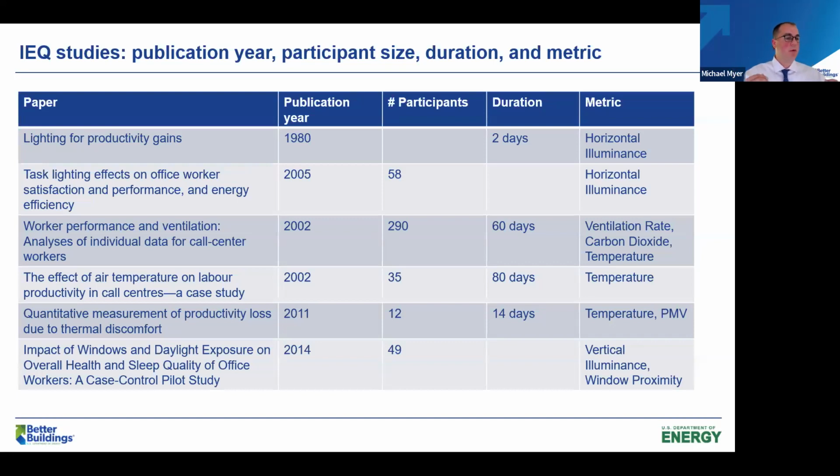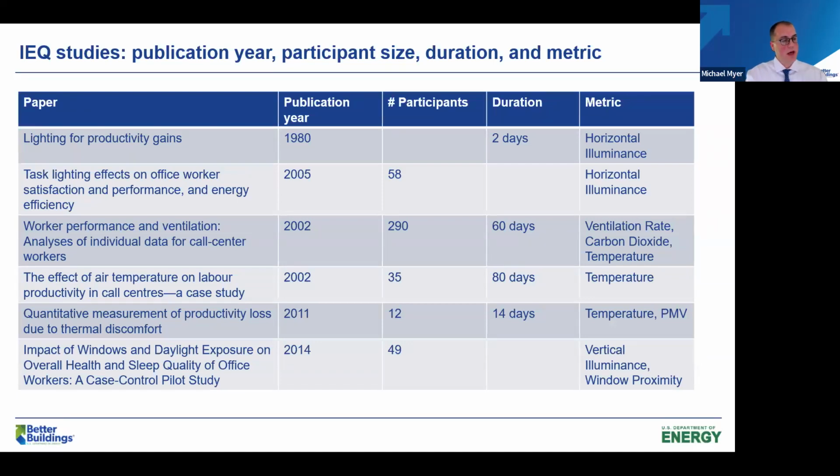So how much stock would you put into a data report from 1980 that was done with a duration of 2 days? Would you put more stock in a report, let's say, that was done in 2014 that had a participant size of 49? Or conversely, would you put more stock in a 2002 report, but had 290 participants that went on for 2 months?